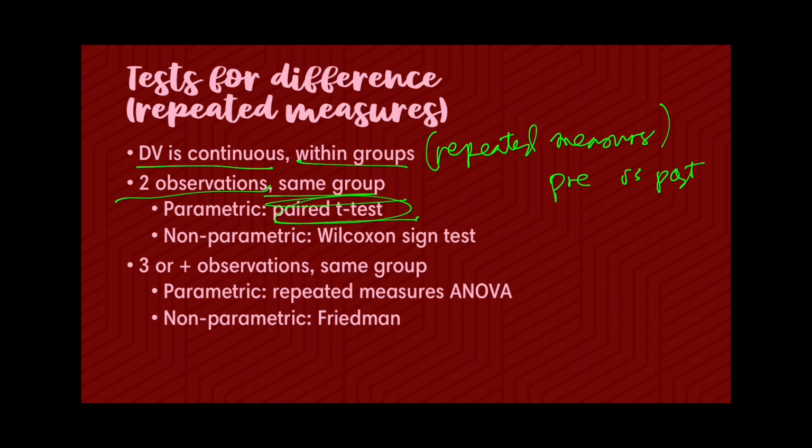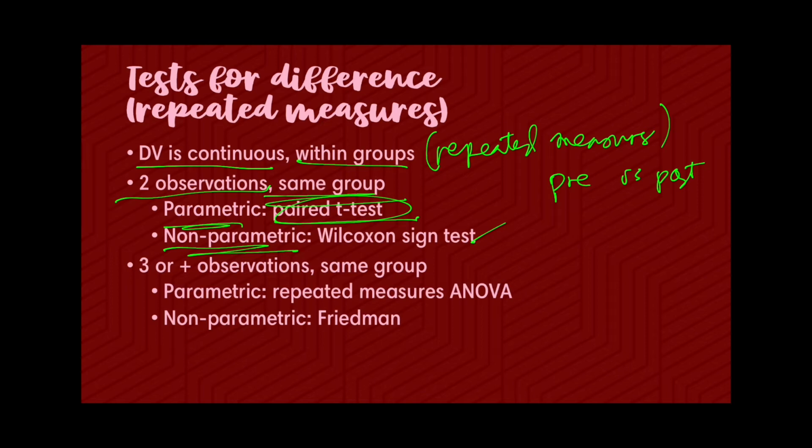So yung kanina, independent t-test. Independent because independent groups. This one, it's a paired t-test because it's matched groups. So if it's parametric, it's paired t-test. And if it did not meet the requisites of parametric tests, then we use a non-parametric statistic, and the non-parametric version of the paired t-test is the Wilcoxon signed-rank test.